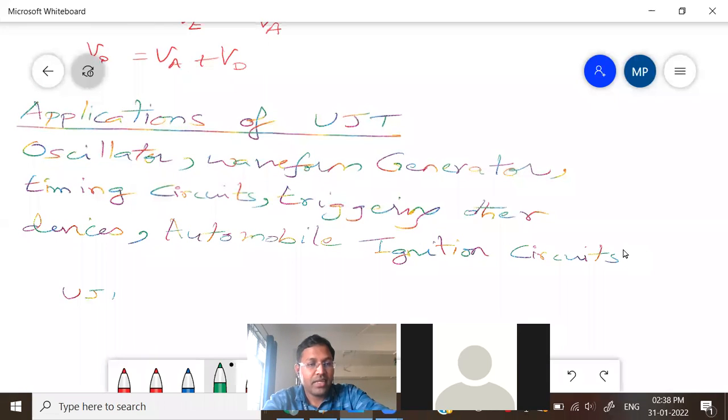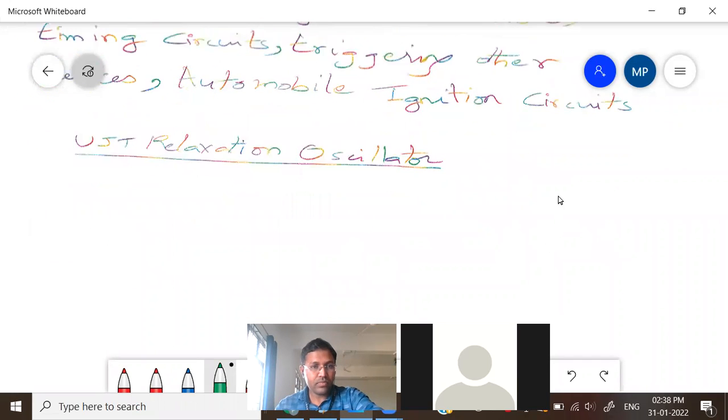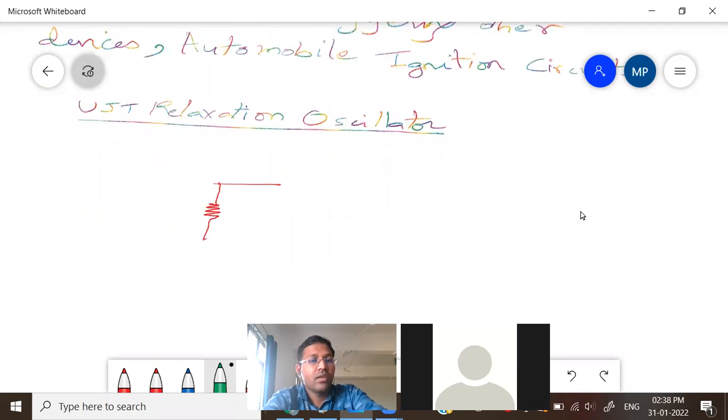The next important application is the UJT relaxation oscillator. The circuit is very simple. You know the voltage divider bias circuit: transistor, 4 resistances.